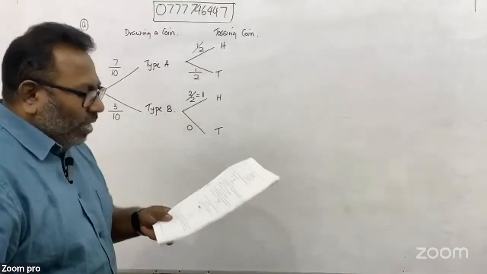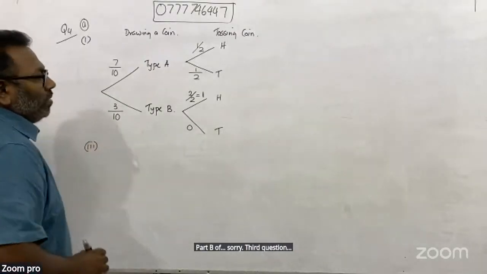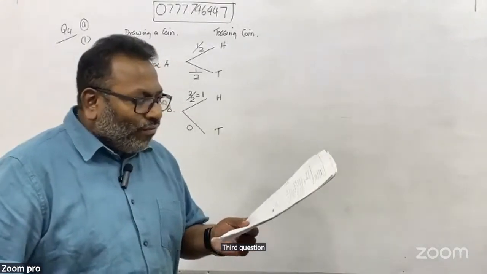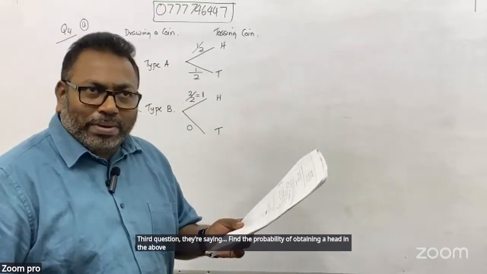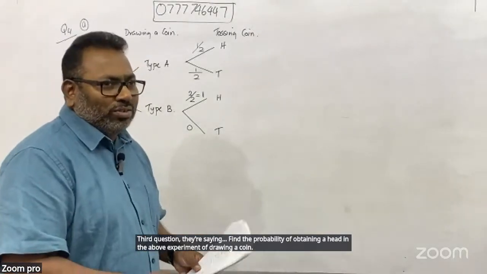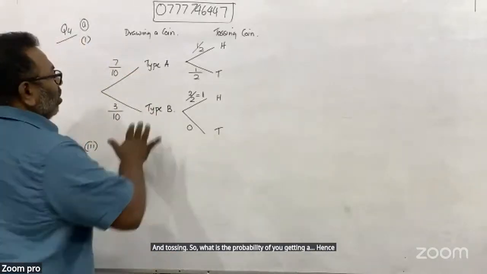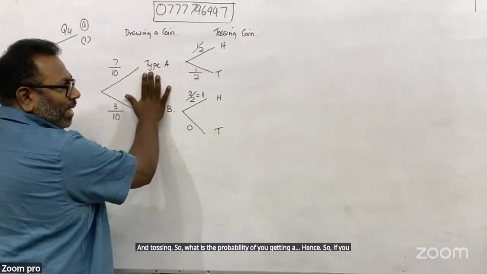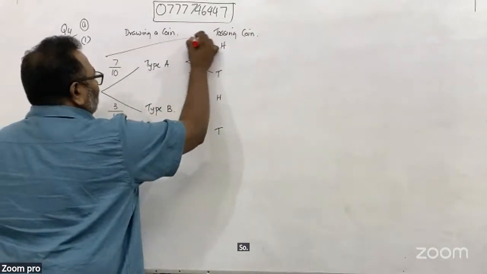Third question, they are saying, find the probability of obtaining a head in the above experiment of drawing a coin and tossing. So what is the probability of you getting heads? If you toss a coin A, the probability of getting heads is this.